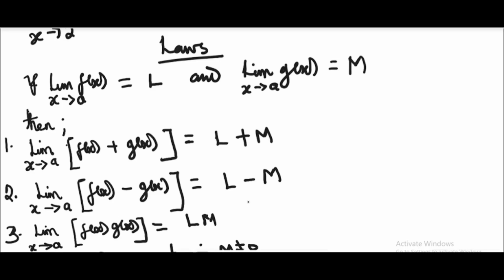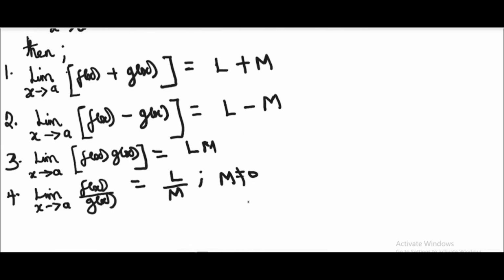So it applies to addition, it applies to subtraction, it applies to multiplication, it applies also to division, given that m is not 0. Because when m is 0, then the limits will do what?